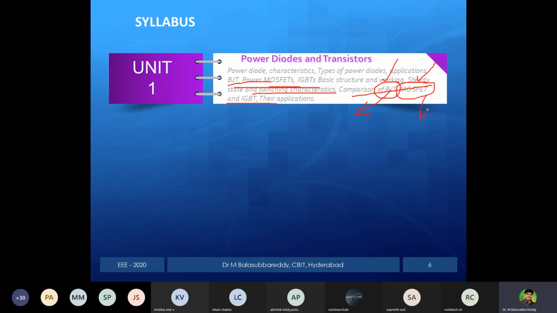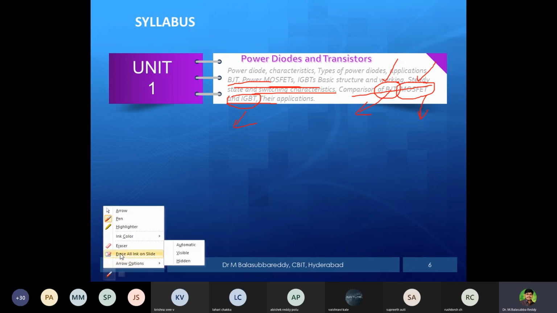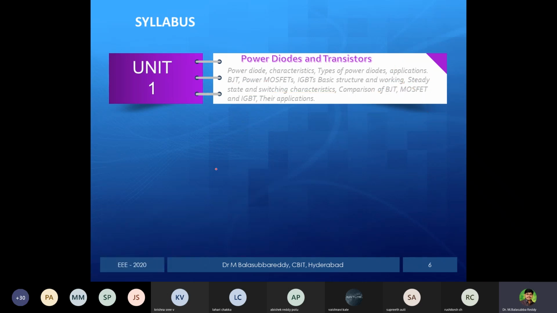But there is another device, a combination. We use the advantages of BJT and the advantages of MOSFET and make use of them to get another device that we call an IGBT. Later some more devices also come into the picture, like GTO. Many devices are there, the latest technology in semiconductor devices.